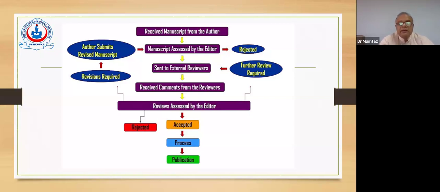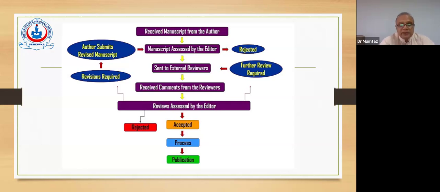Or depending upon the opinion of the reviewers, it is rejected. Another option is that further revisions are required. I will go through these details later on, that is, how to submit a report and how to suggest changes, minor changes, major changes, etc., etc.